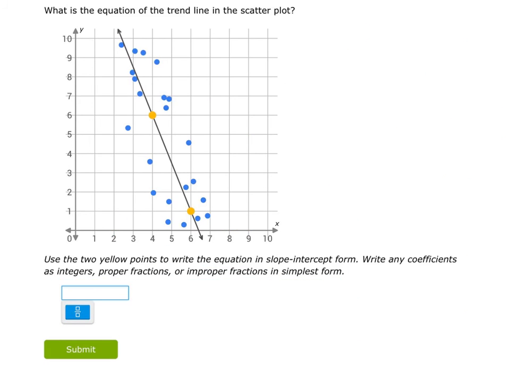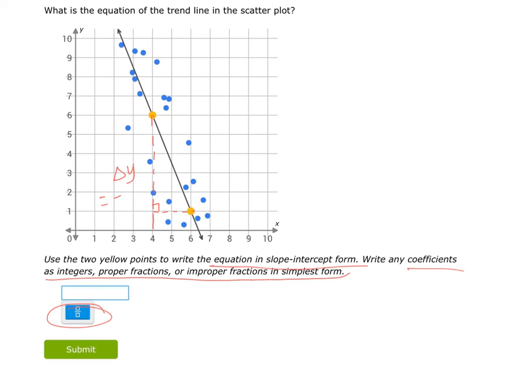Okay, let's try another question. So again, same format. Equation in slope-intercept form, coefficients as integers, proper fractions, improper fractions, simplest form. Your fraction bar is right here. Let's do a right angle triangle. So delta y, again it's a drop, so negative, right?